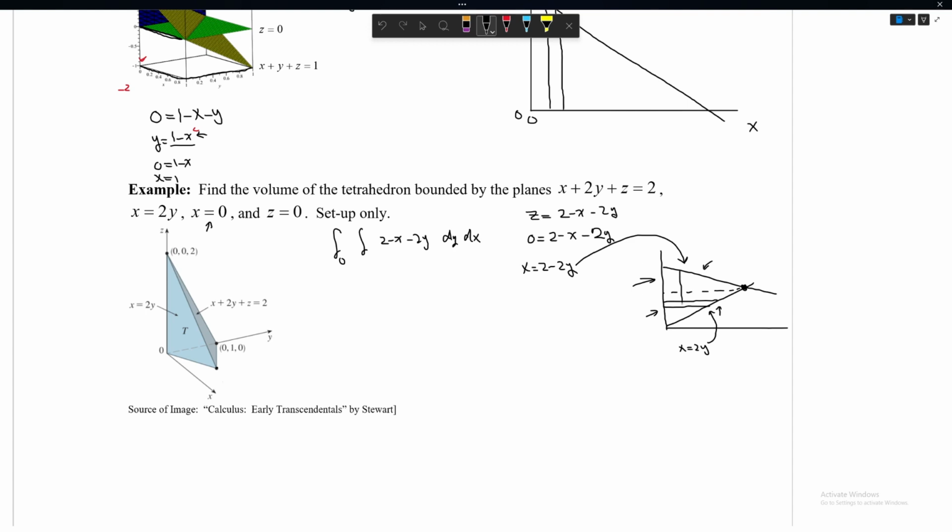Or I can take it vertically, which is just from one function to the other. So what I'm going to do is a type 1, and in type 1, your dy comes first. So I'm going to change these two functions in terms of y.